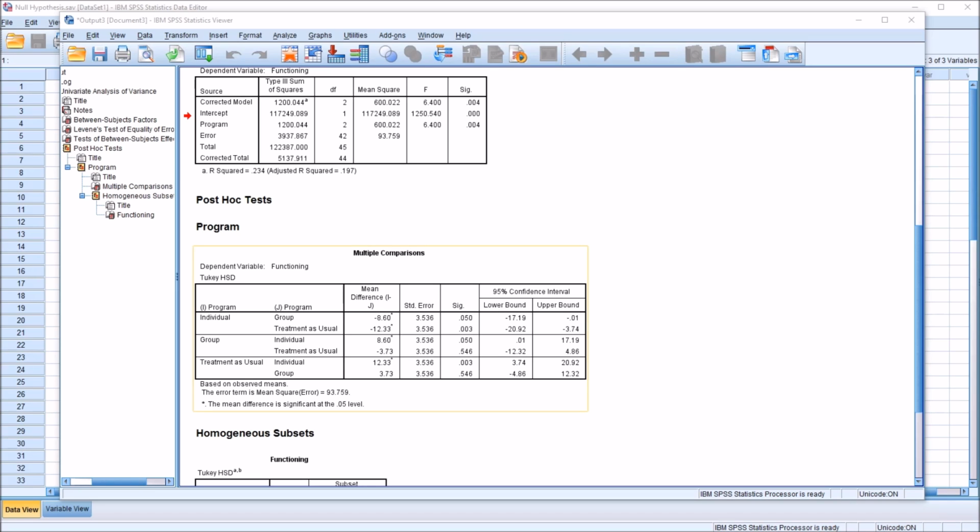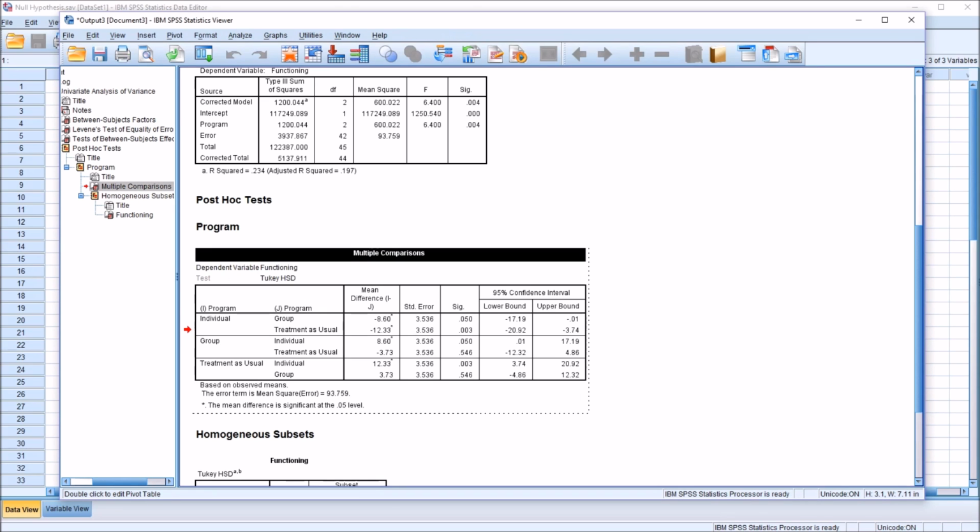So here we have 3 p-values: individual compared to group, individual and treatment as usual, and group and treatment as usual. And you can see here that we have, for individual and group, a p-value of 0.05, and for individual and treatment as usual, 0.003, and group and treatment as usual, 0.546.